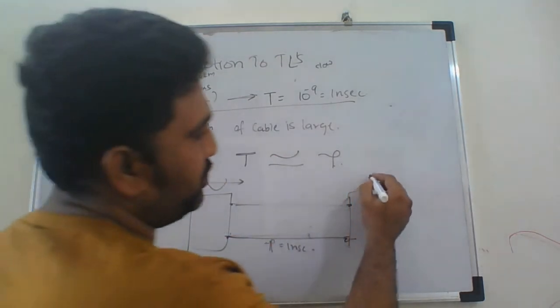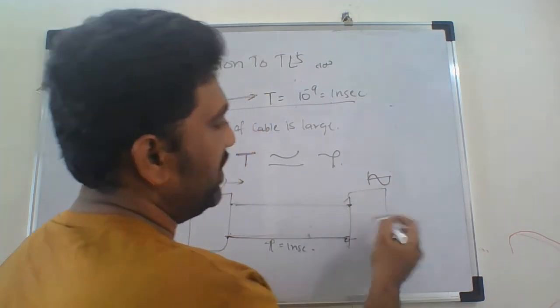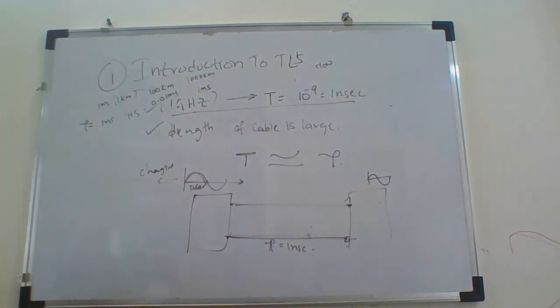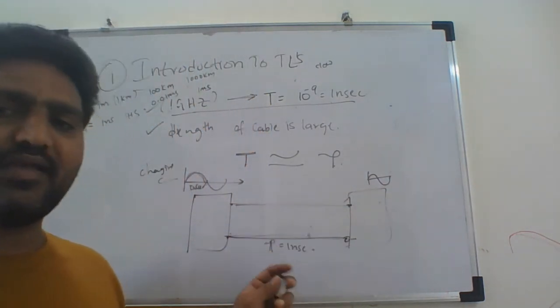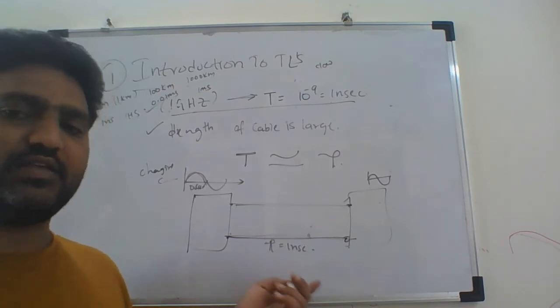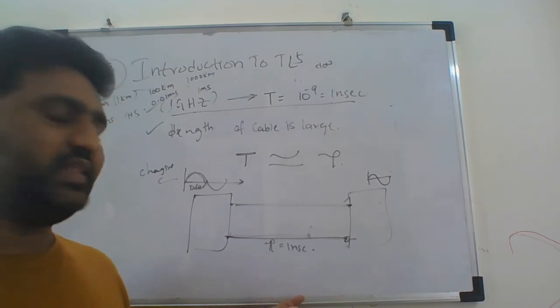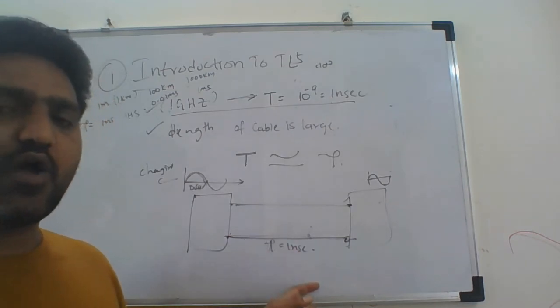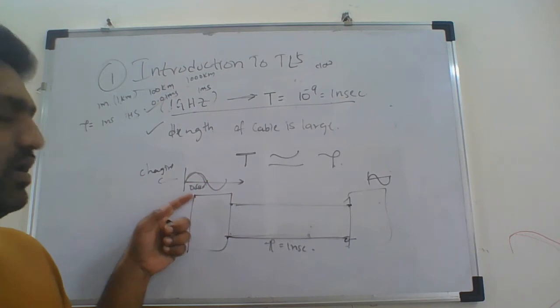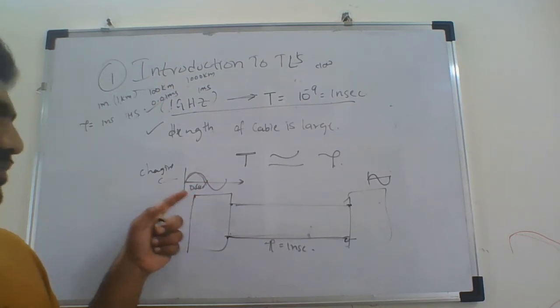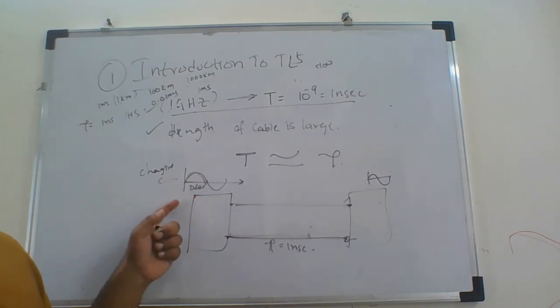The delay was 1 nanosecond earlier, it is 1 nanosecond here also, not much difference, but the only thing is this delay is now becoming comparable to the rate at which the signal changes.